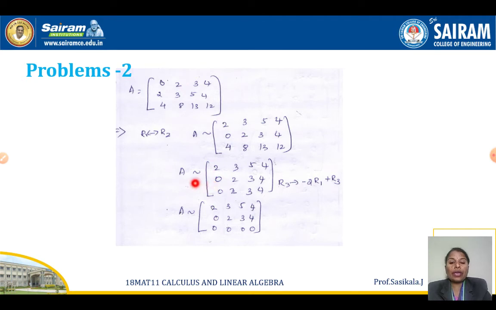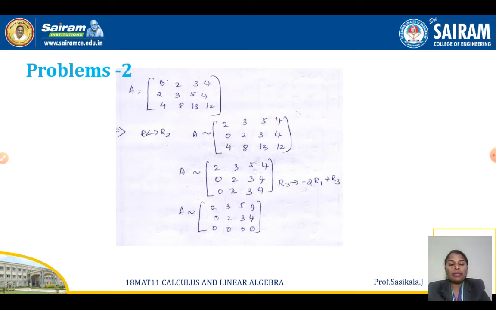R3 implies, what I need is minus 4. Using your first row, 2 is there. Just multiply with minus 2. That's all. So minus 2 into R1 plus R3. You multiply completely with minus 2, then add with your third row. I'll get 0. Then you have 2, 3, 4.